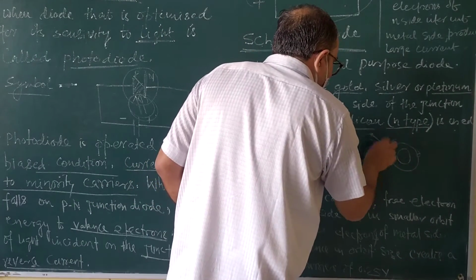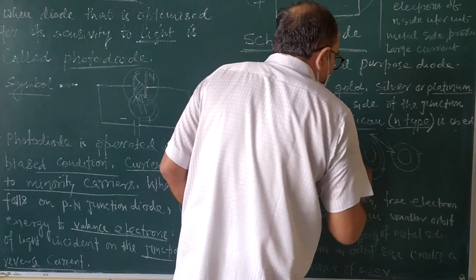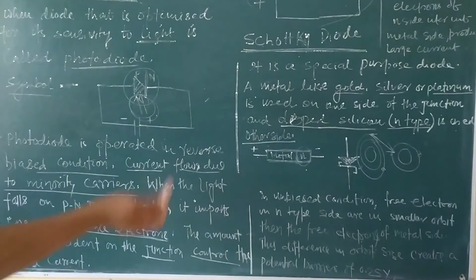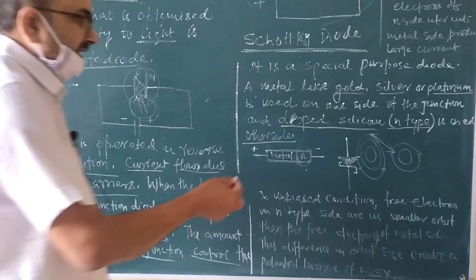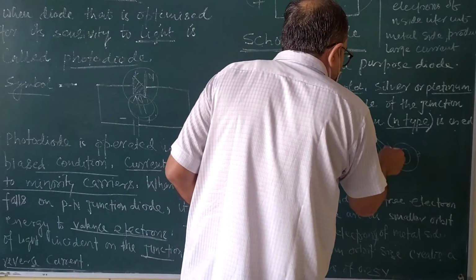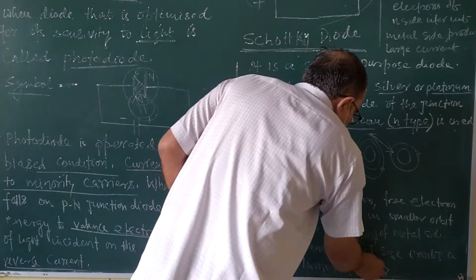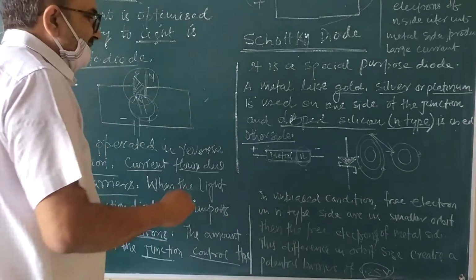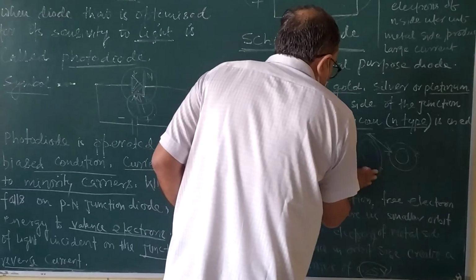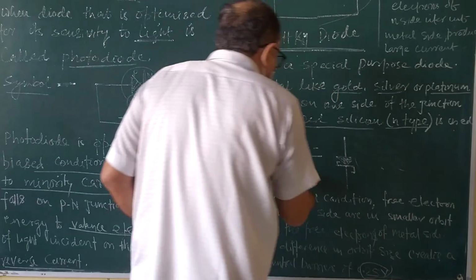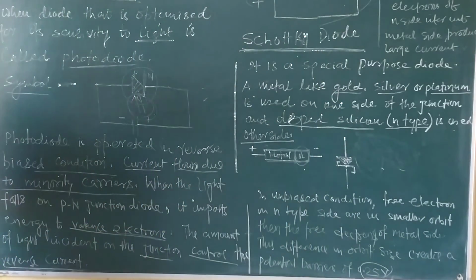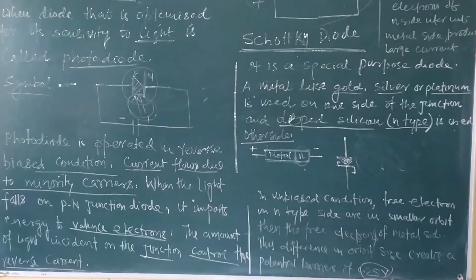Due to the difference in the orbit levels, a potential difference develops. That potential difference is given as 0.25 volts. That means in this Schottky diode there are only free electrons, there are no free holes.